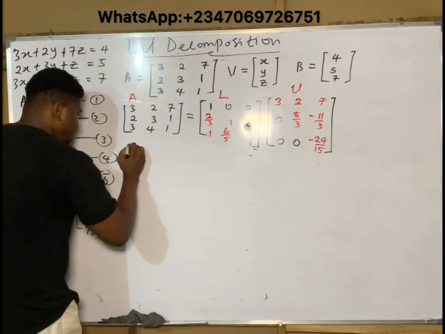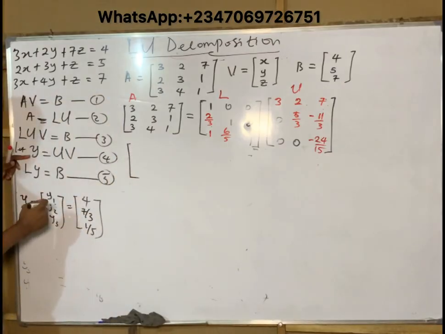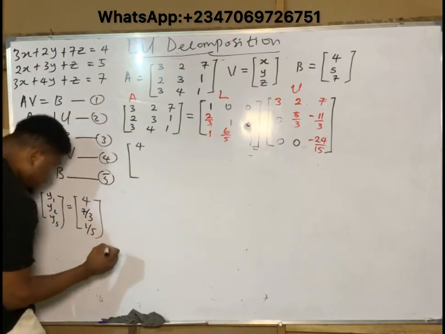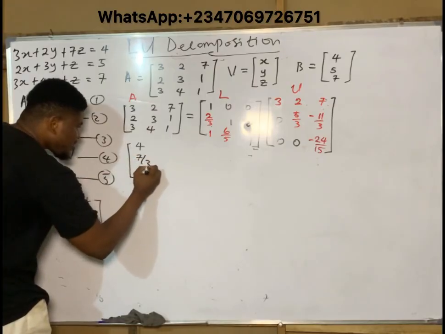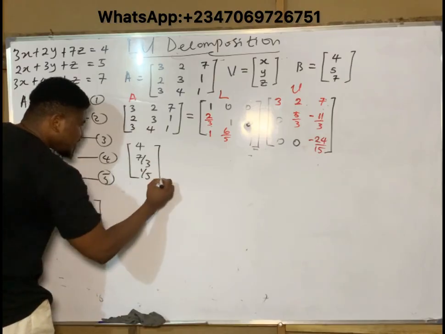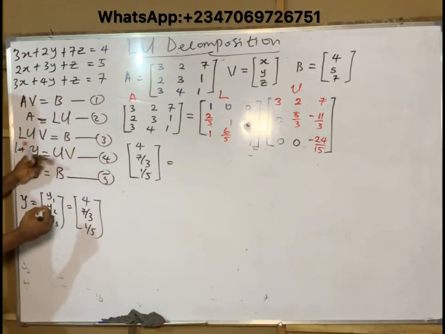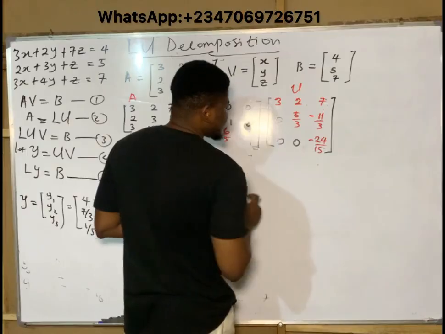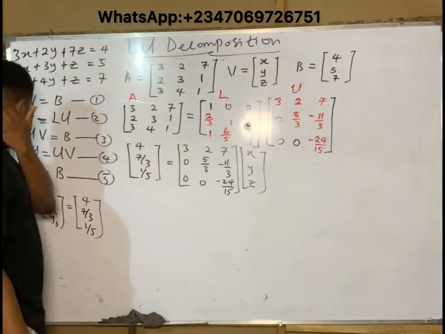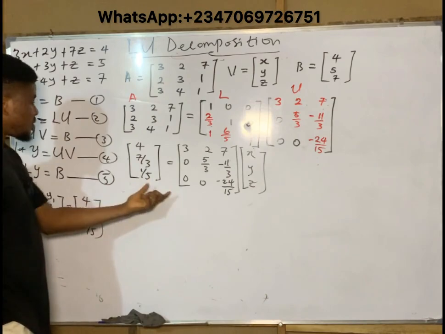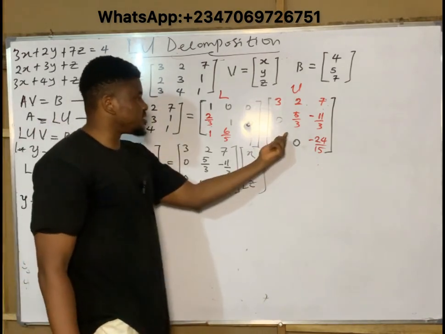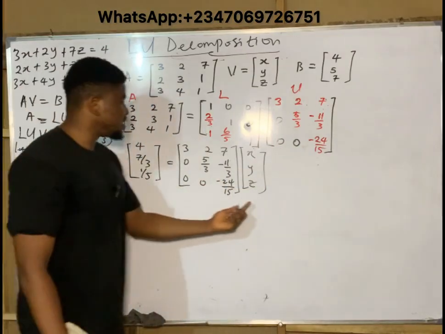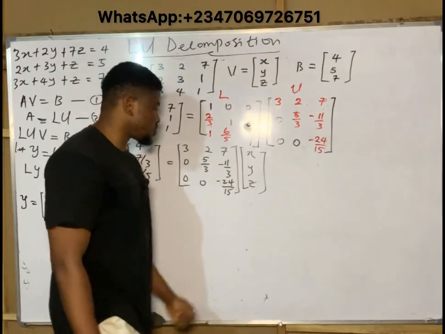So remember, we are now at equation 4, matrix Y, which is 4, 7 over 3 and 1 over 5, is equal to upper matrix times variable matrix. And we already know our upper matrix. Here's our upper matrix. We'll simply put it down here, multiplied by V, which is the variable matrix, X, Y, Z, which is what we are looking for.